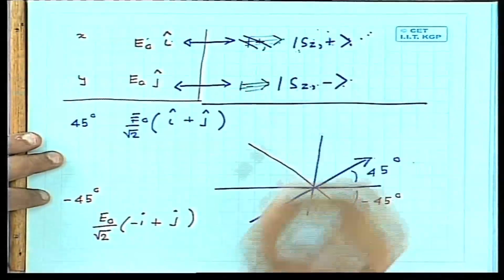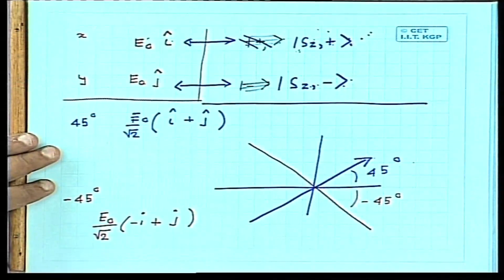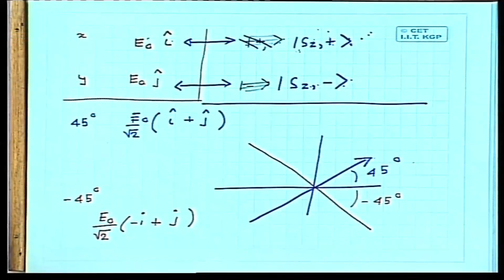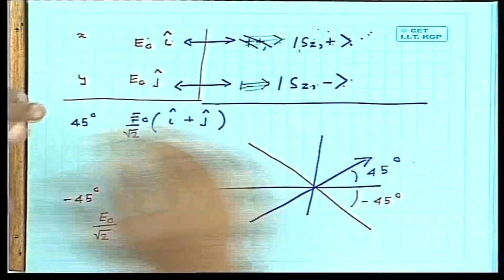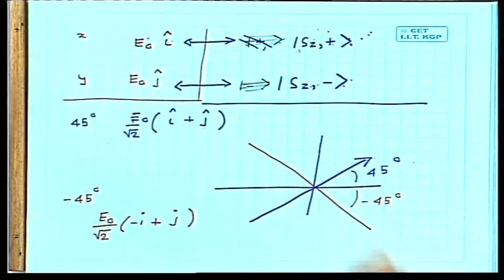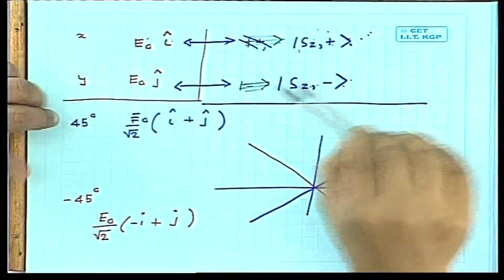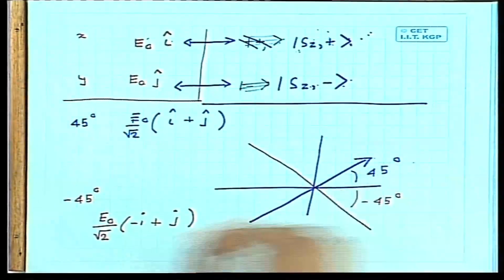So the basis vectors now are Sz plus and Sz minus, which is equivalent to saying that for my polarization of light I am going to choose my polarization directions x and y, and in terms of this I am going to express everything. Similarly here I can express every other spin state in terms of these two states, which are spin up along the z axis or spin down along the z axis.